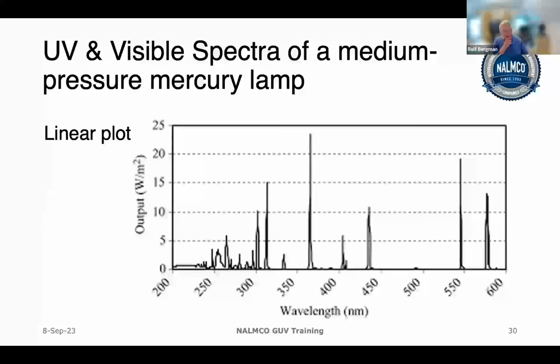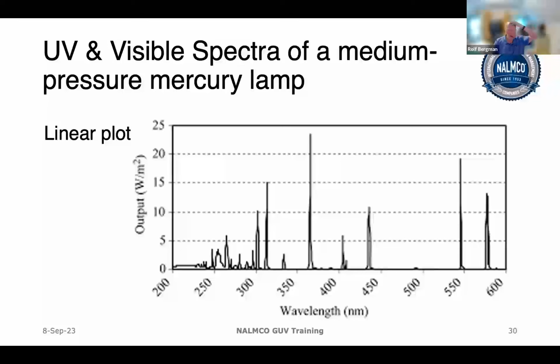I mentioned this spectra before. Notice now that in a linear scale, the emission at 254 is actually almost gone. It's self-reversed, and it pushes radiation out in the UVB and the UVC region. So now the strongest line is actually 365 in this particular case.